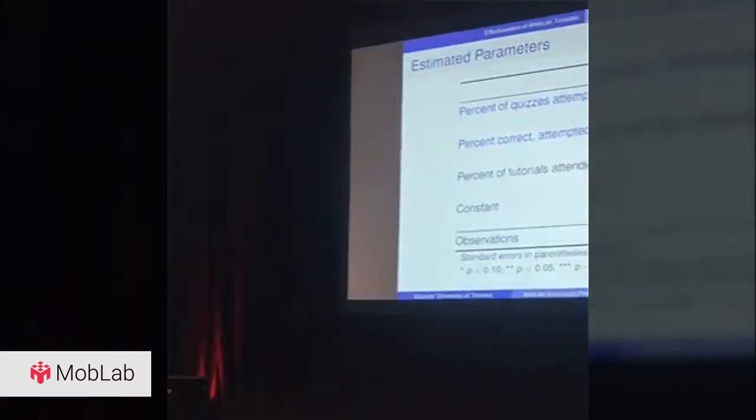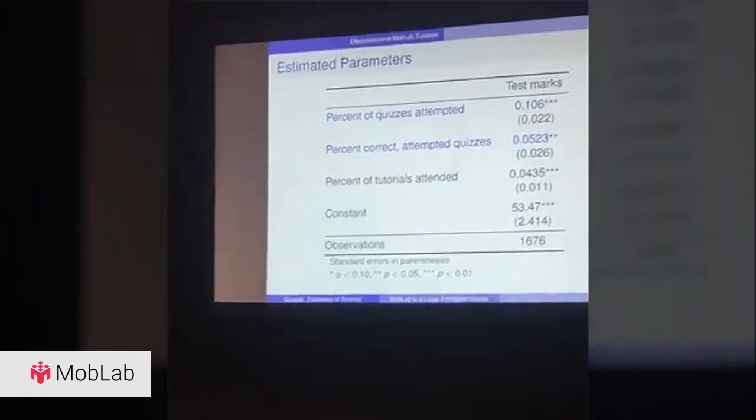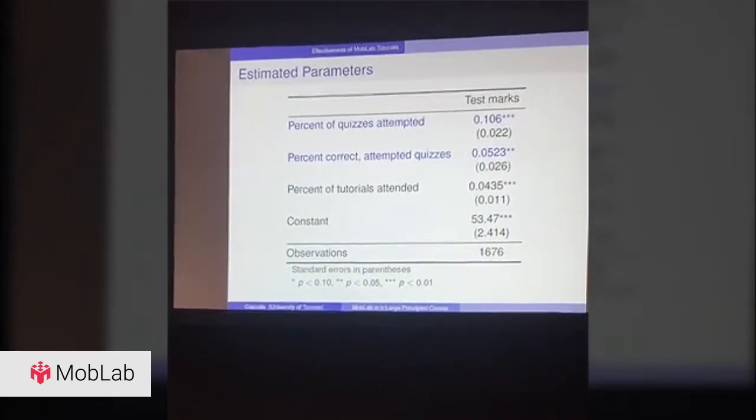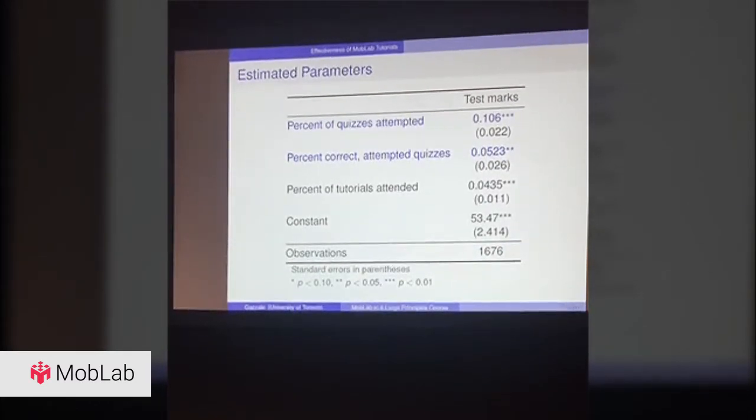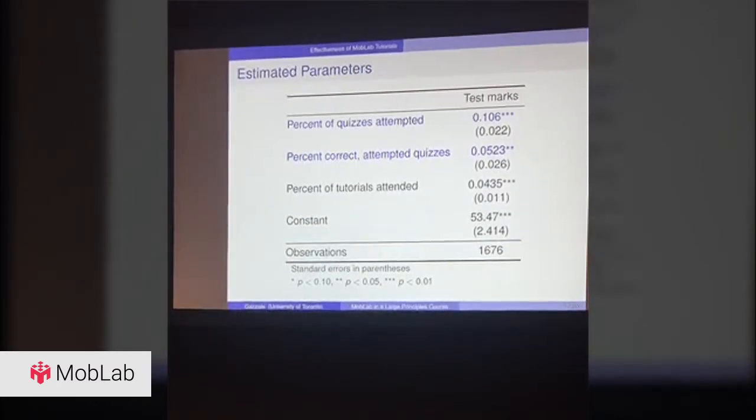When I do this fixed effects model, the first thing I find is that percent correct on attempted quizzes, unsurprisingly, and I'm sure you all know this, students who do well on quizzes do well on tests. Not a big surprise.